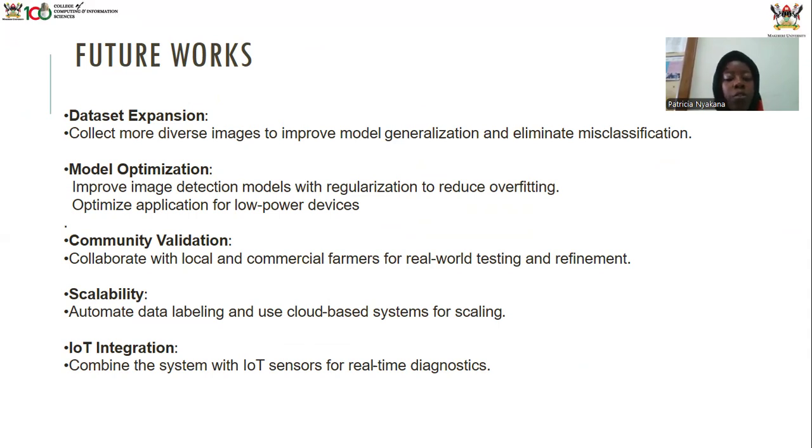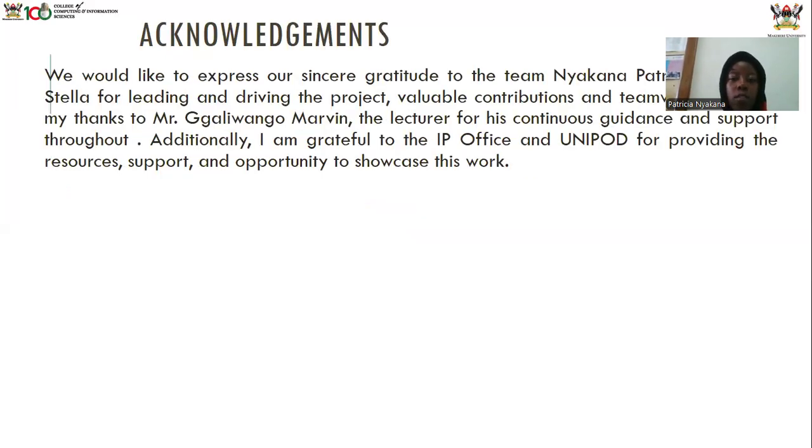For now, we are using Render, where we have to pay for memory and CPU power. Then lastly, we also plan to combine the system with IoT sensors for real-time diagnosis of banana leaf diseases. Yes. Thank you.